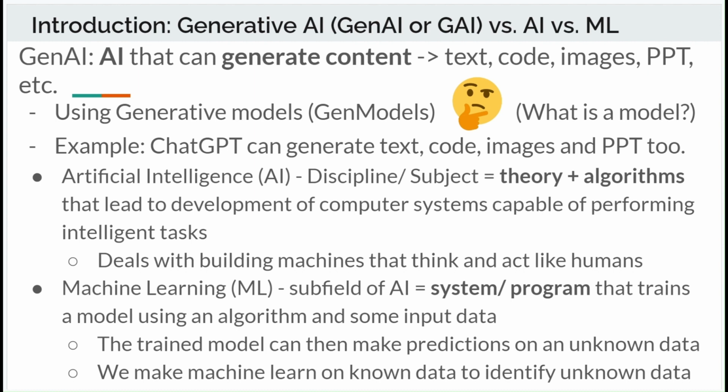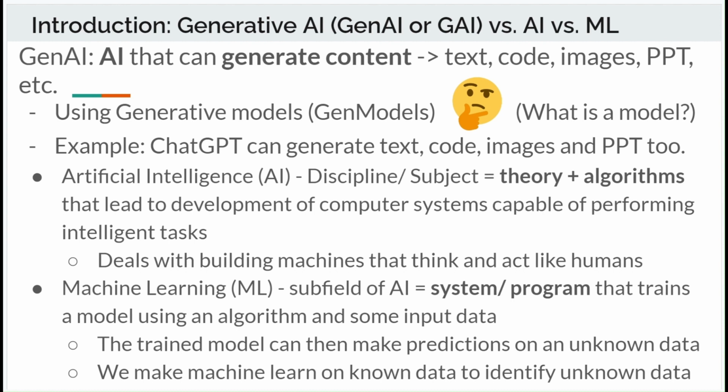So, now this content can be created when you ask a Gen AI application such as ChatGPT various questions. Let's say you ask it to prepare a PPT on generative AI, right? So it will give you a PPT. If you ask it to prepare a script for, let's say, a lecture on generative AI, it will give you a script in the form of text.